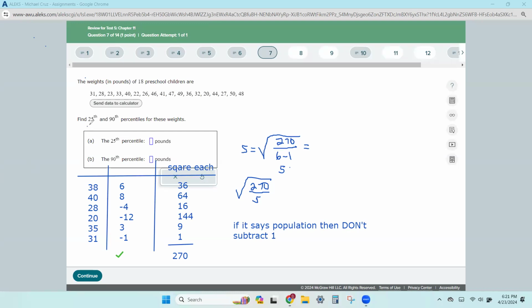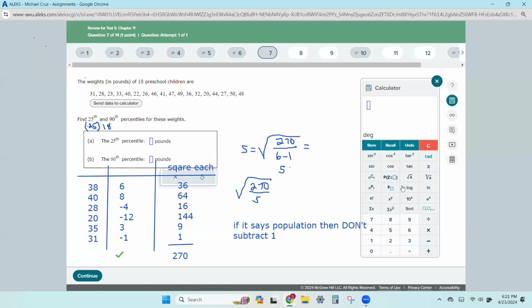So what we got to do is we're just going to use it as a decimal, and we're going to multiply times 18. So 0.25 times 18. All right. So that's 4.5.